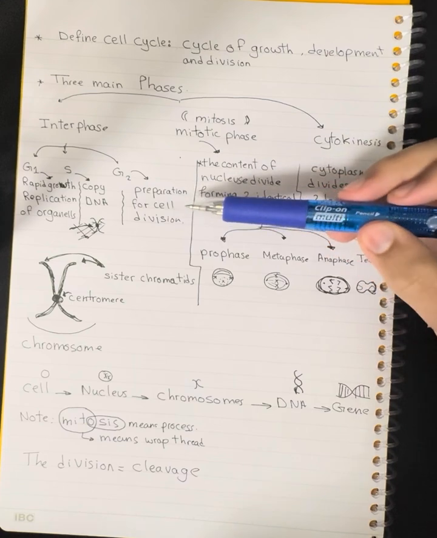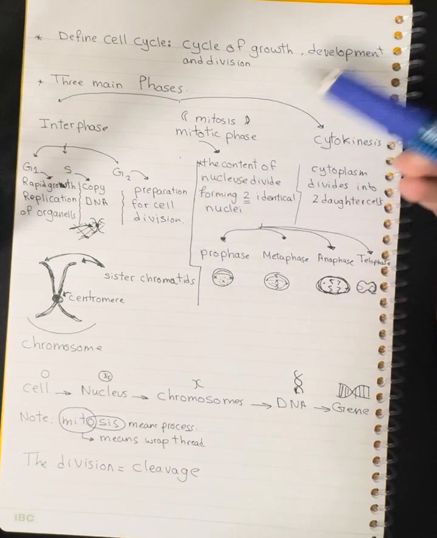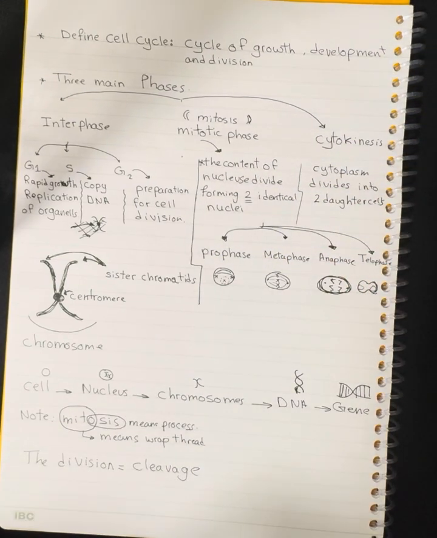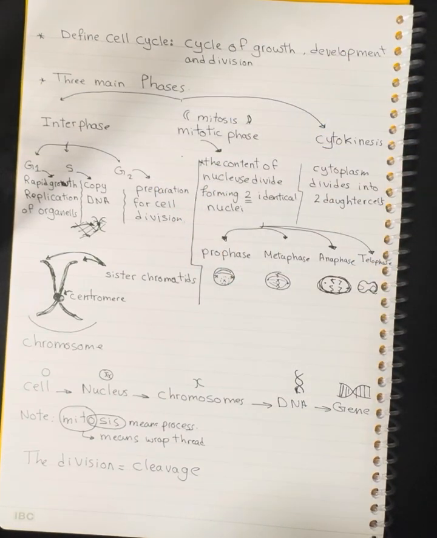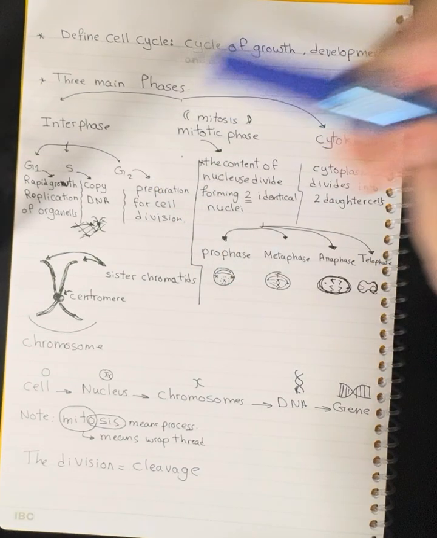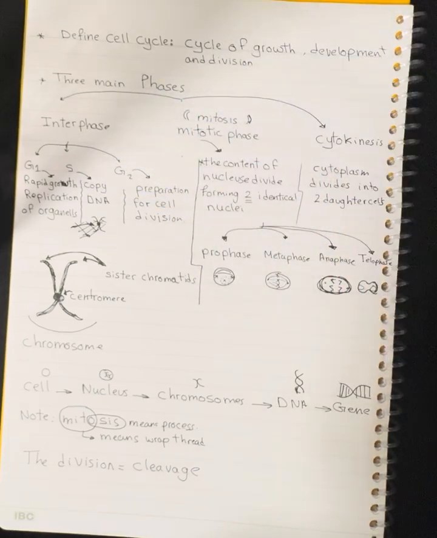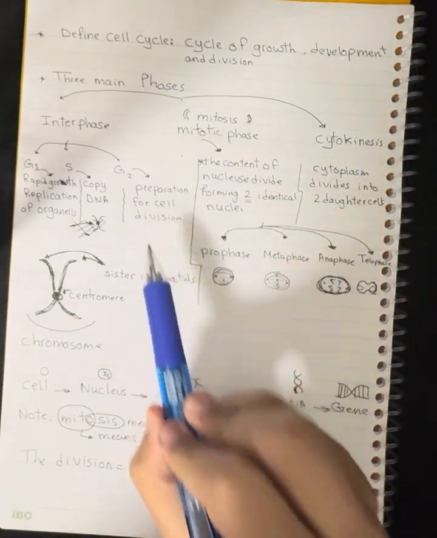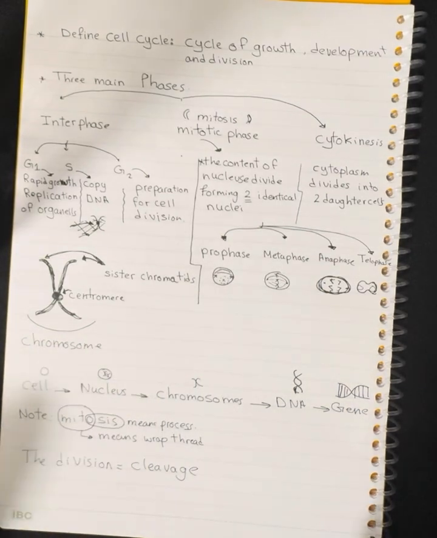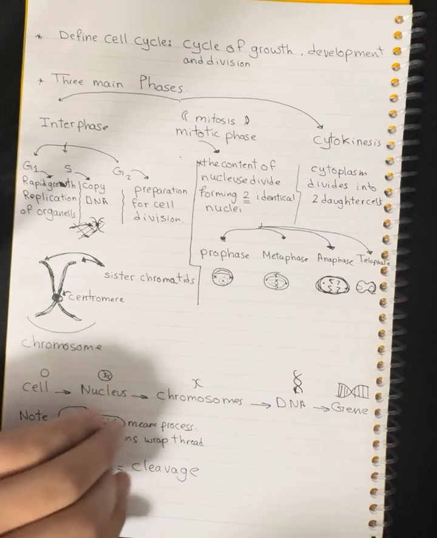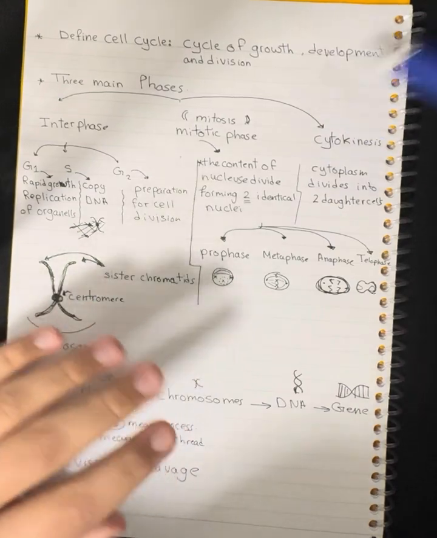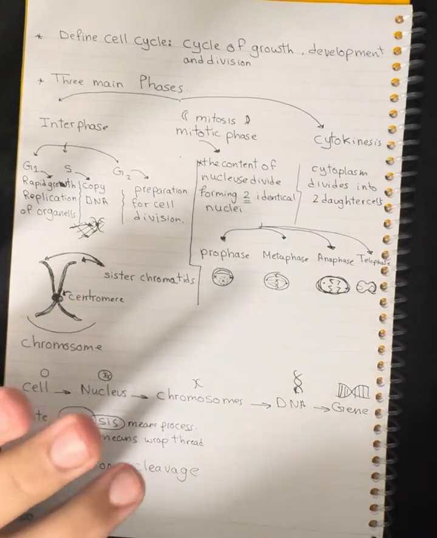So, in summary: G1, quick growth and replication of organelles. Synthesis, or S, DNA replication. G2, or gap 2, preparation for cell division. That's the interphase.